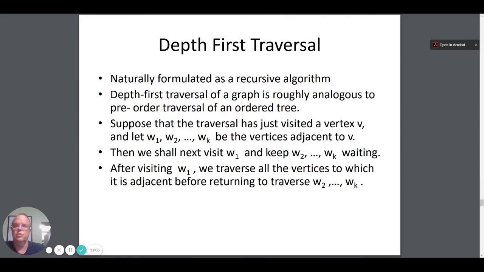So graph traversal, there are a couple different ways to do it. One is as a depth-first recursive algorithm. Depth first is roughly analogous to pre-order traversal of an ordered tree.